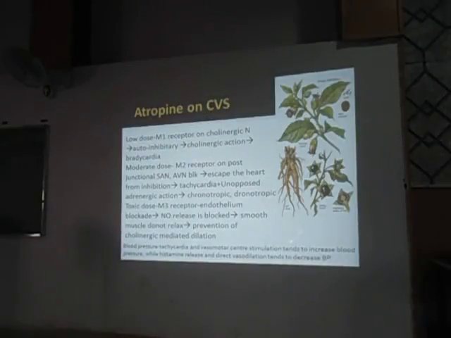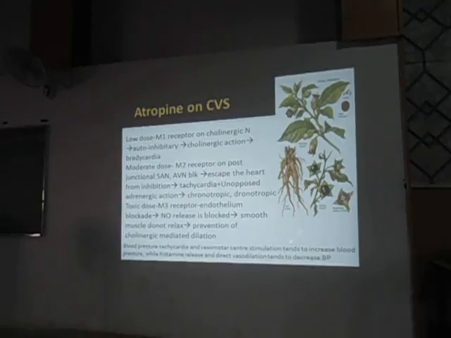So atropine, what is its action on the heart? I told you it can be a part of the emergency kit where you can increase the heart rate. So I need to tell you about the chronotropic and dromotropic effect at the moderate dose.